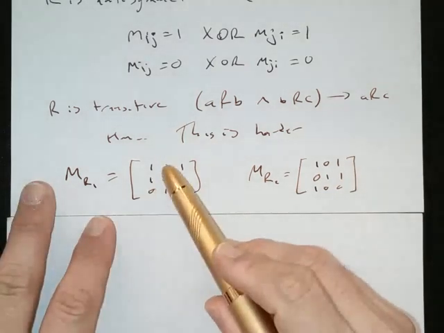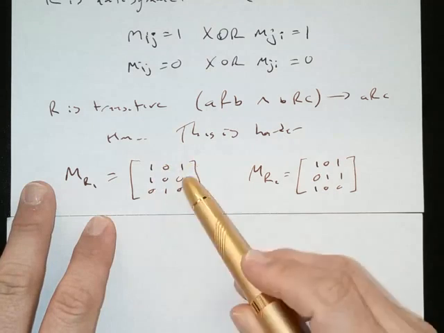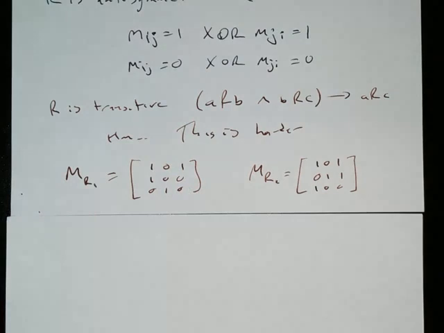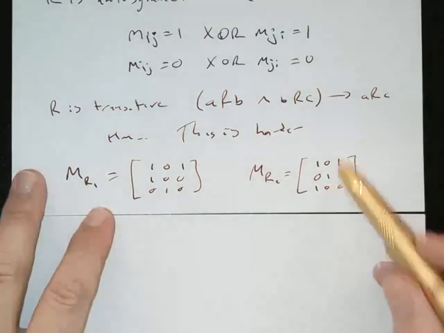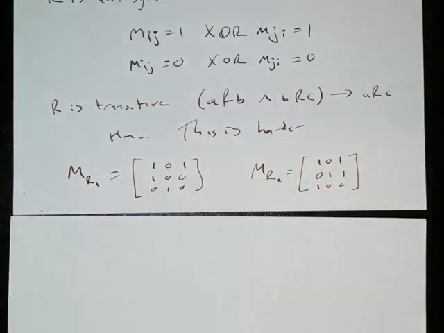There's a 1 here, there's a 0 there. There's a 0 here, there's a 1 here. There's a 1 here, there's a 0 here. That one is anti-symmetric. What about the other one? Now, see, this is 1 and 0, but this one's 1 and 1. So it's not anti-symmetric and it's not symmetric. It doesn't match above and below. It isn't the opposite above and below. The only property that's true is that that first one is anti-symmetric.